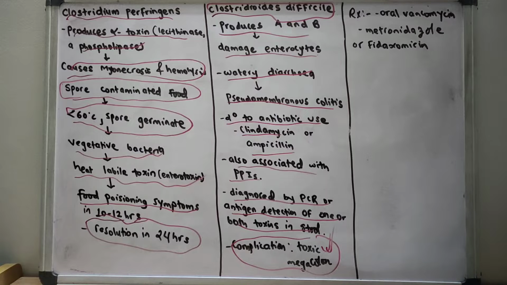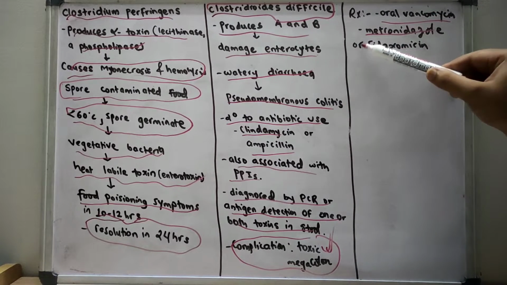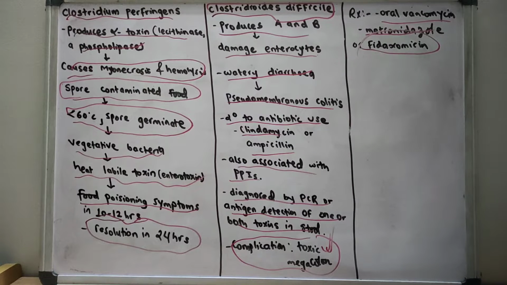For treatment, you can give oral vancomycin, metronidazole, or fidaxomicin. These are the three antibacterial drugs that can kill Clostridium difficile and prevent pseudomembranous colitis, which ultimately will prevent toxic megacolon.